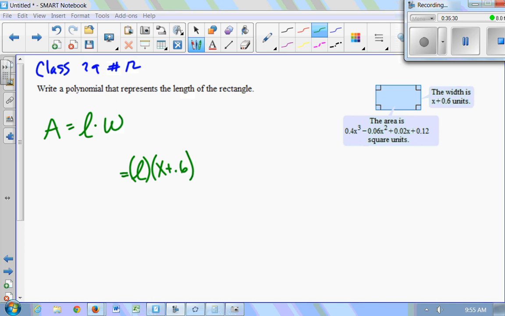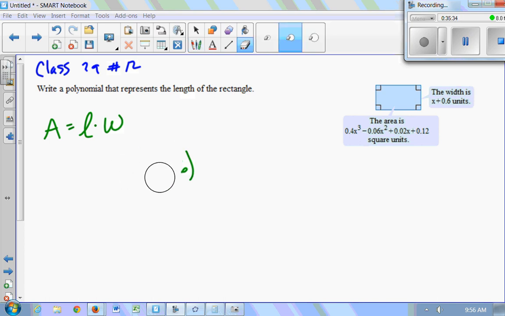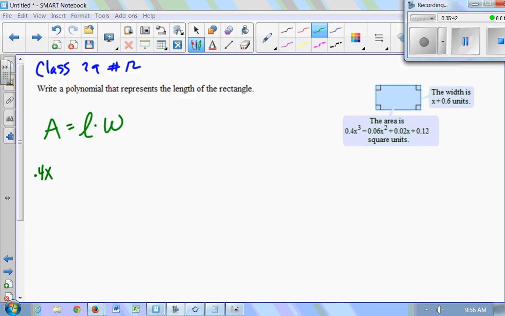And that should give me this cubic, which I didn't leave enough room to write out. So my area is 0.4 x cubed minus 0.06 x squared equals my length, unknown, times my width, x plus 0.6.